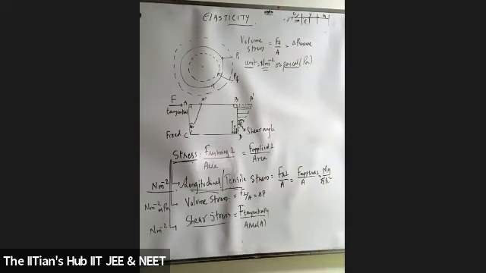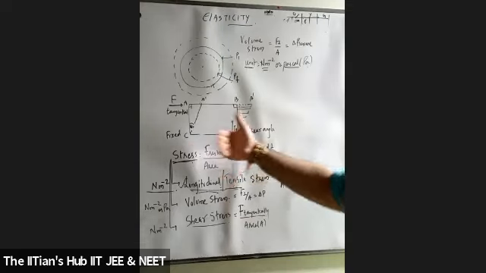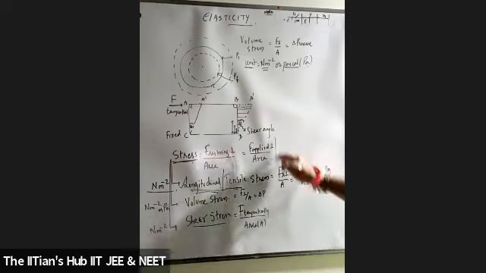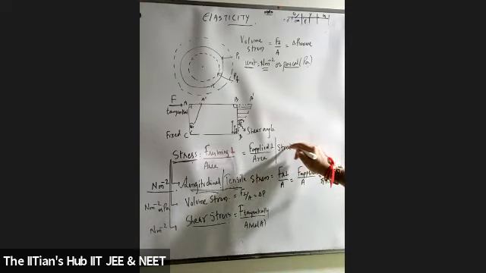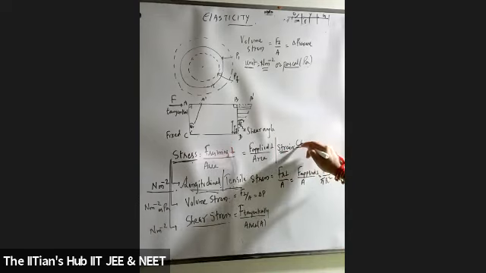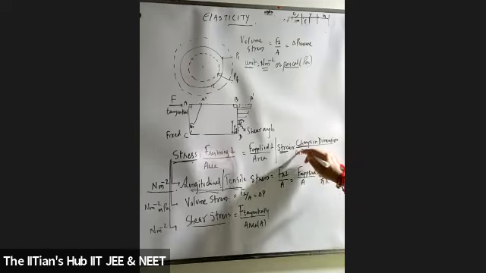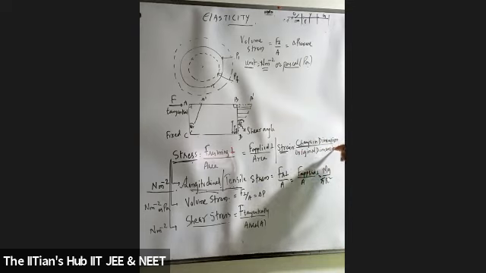Okay. Now, students, due to stress, the body undergoes a strain. A stress is always accompanied by a strain. Now, if somebody asks you what exactly strain is, then your answer is: strain is simply, students, change in dimension upon original dimension.